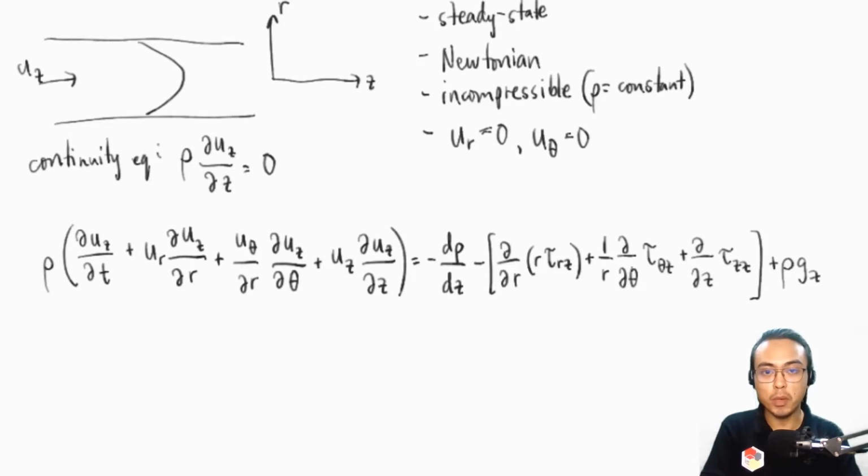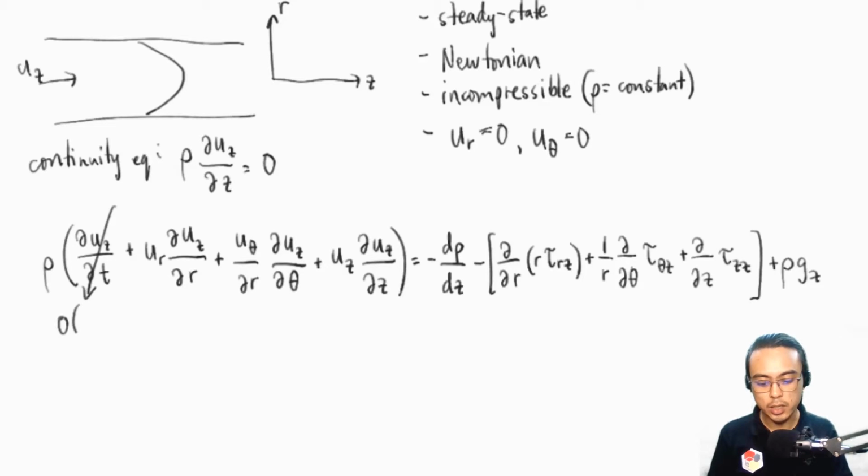Now let's try to simplify this equation. Let's start with the first term on the left-hand side of the equation. It's the partial derivative of the z component of the velocity with respect to time. Again, our first assumption is that the flow is steady state, meaning there is no variation in the properties with respect to time. So this is equal to 0.